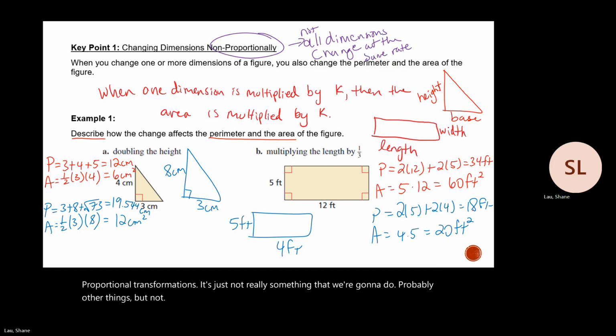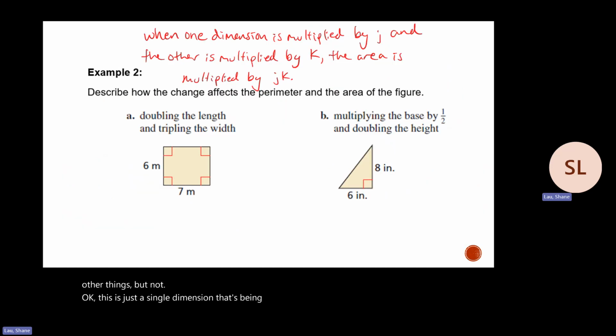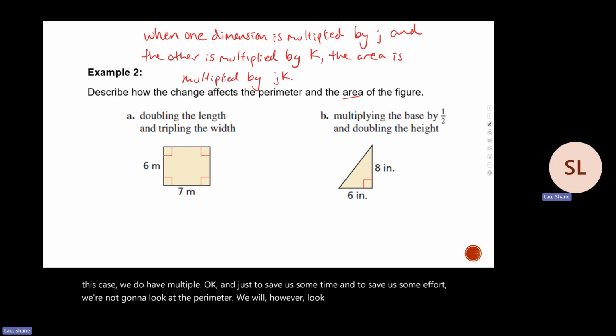Okay. Well, this is just a single dimension that's being multiplied, but we can possibly have multiple. In this case, we do have multiple. And just to save us some time and effort, we're not going to look at the perimeter. We will, however, look at the area. And something I didn't do in the last problem is that I didn't specify some of these words here.